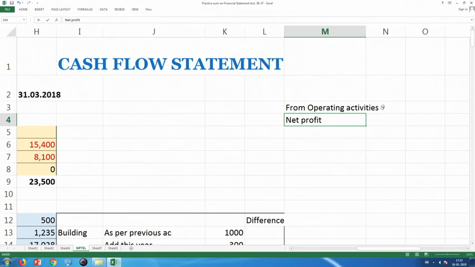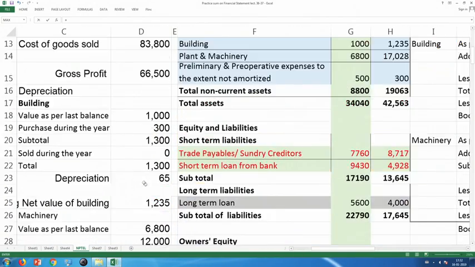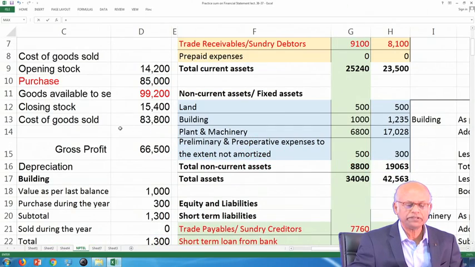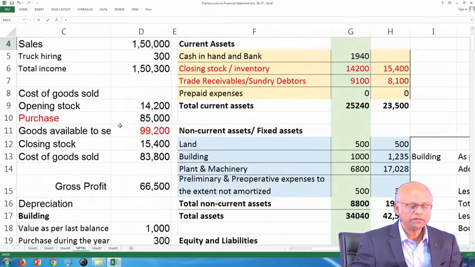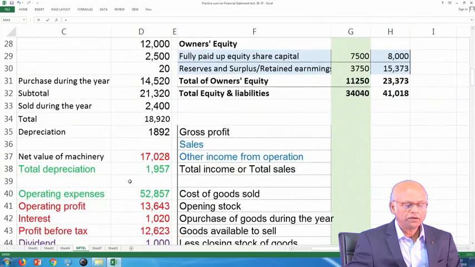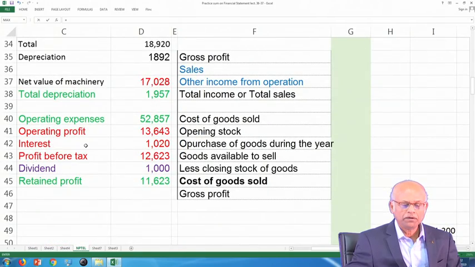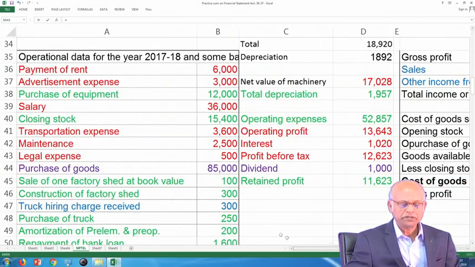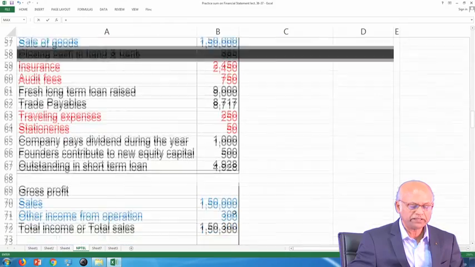So, net profit, and try to always do it in Excel, and then pick up data from the right place, meaning from operating activities. Net profit is here: retained profit, profit before tax, interest, profit before tax. There should have been profit after tax. I think it's not here. So, there is no tax consideration during this year. We have not taken tax into consideration.